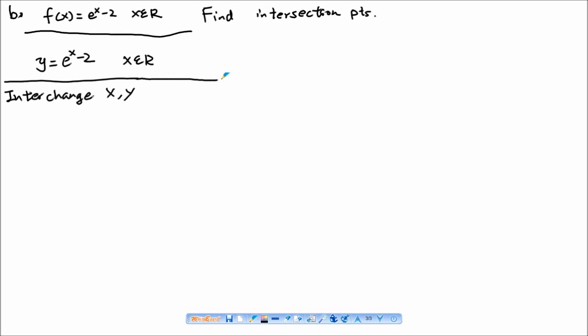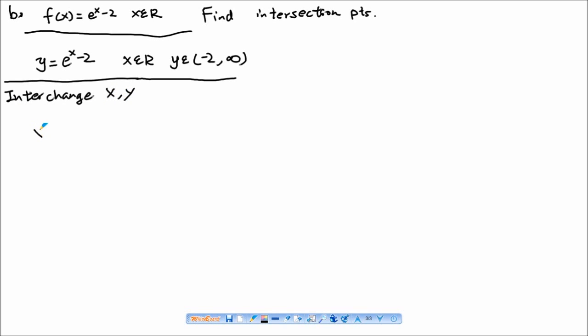From our log and exponential graph tutorial, I know the range is going to be y belongs to (minus 2, infinity). So I do an interchange between x and y.